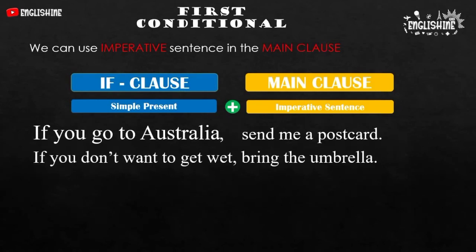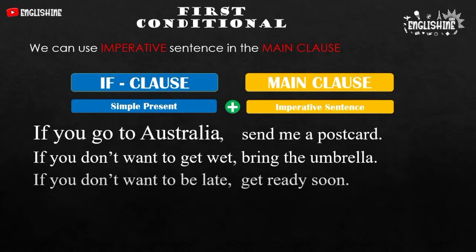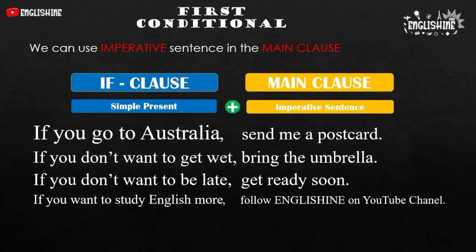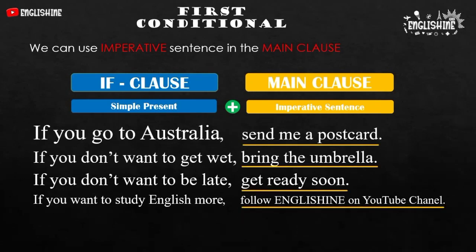If you don't want to get wet, bring the umbrella. If you don't want to be late, get ready soon. If you want to study English more, follow English Sign on YouTube channel. Look at the main clause. Send me a postcard, bring the umbrella, get ready soon, follow English Sign on YouTube channel are imperative sentences.